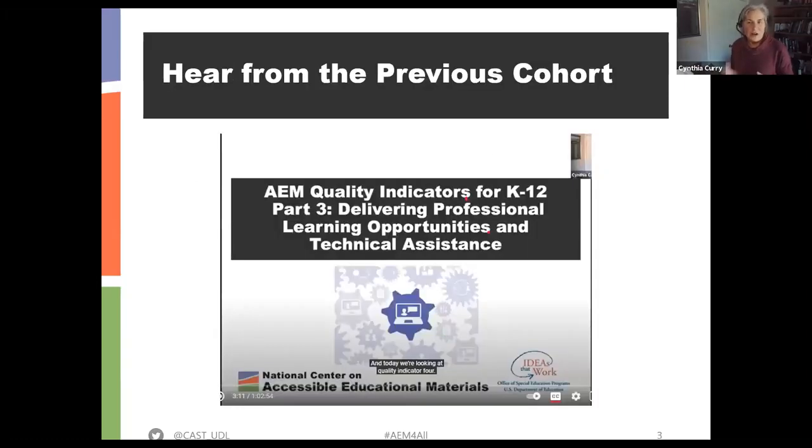Don't forget that for all of these AIM tips, we have accompanying learnings, suggestions, and experiences from the previous AIM cohort from 2014 to 2019.